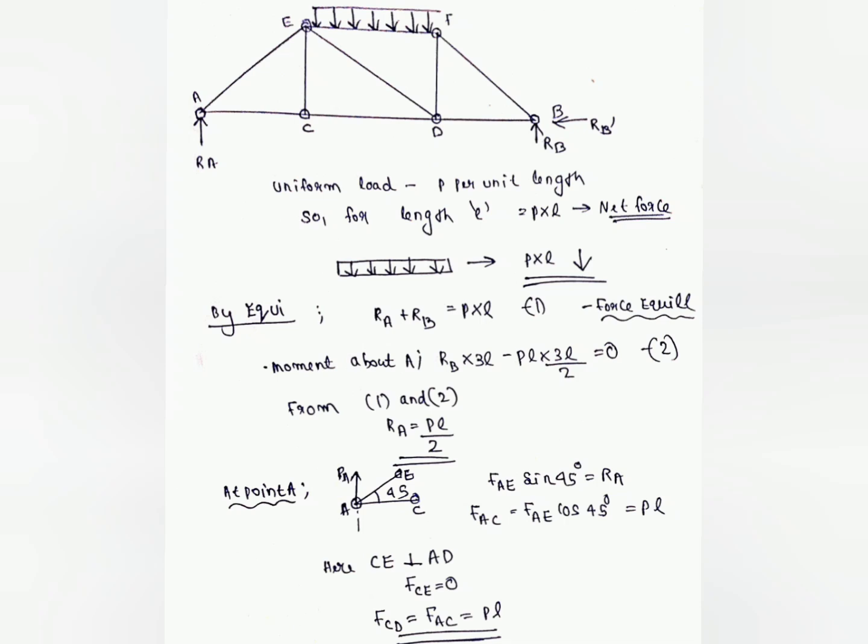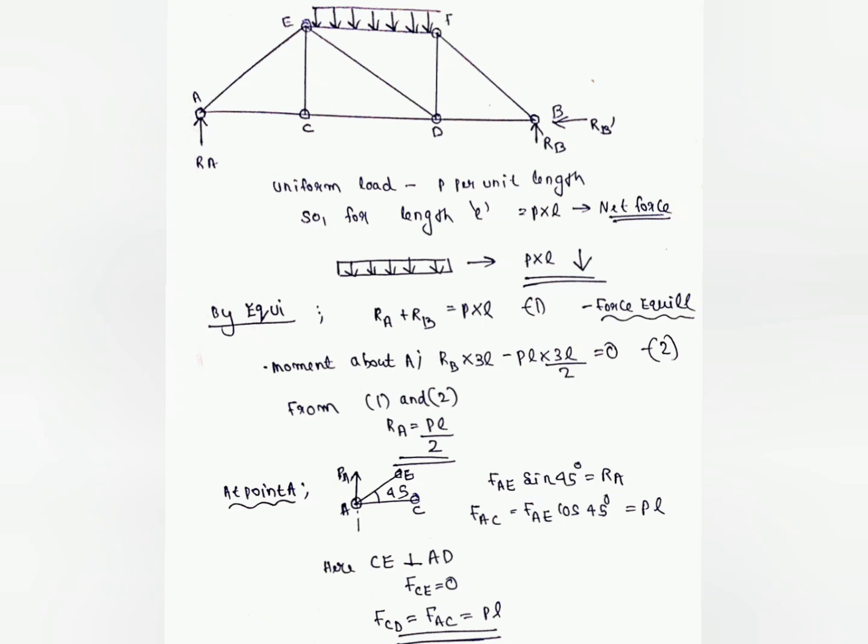So we take the vertical reactions RA and RB at the hinge end and roller end. By vertical equilibrium, RA plus RB, both acting upward, equals the only force acting downward, the net effective force P into L. So RA plus RB equals P into L. Take it as equation number 1.